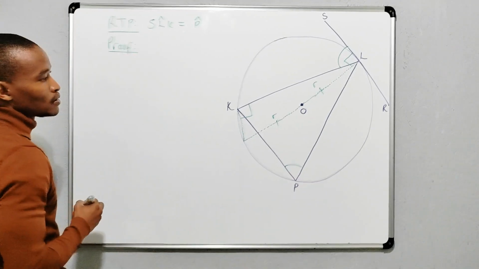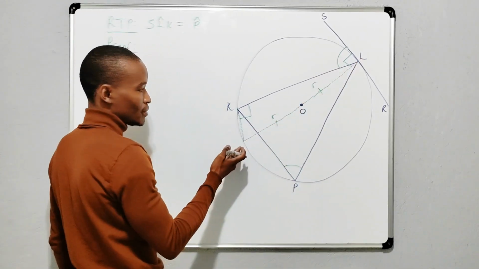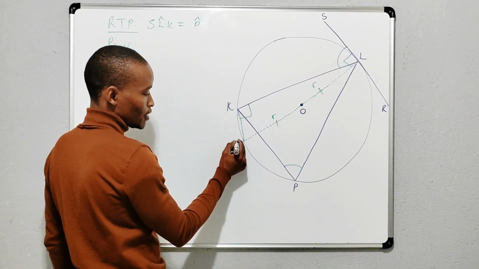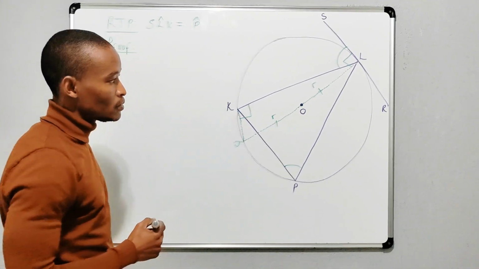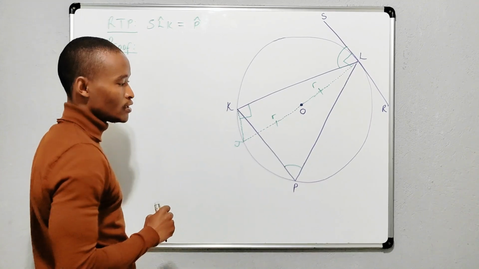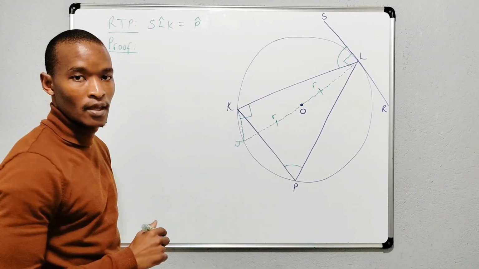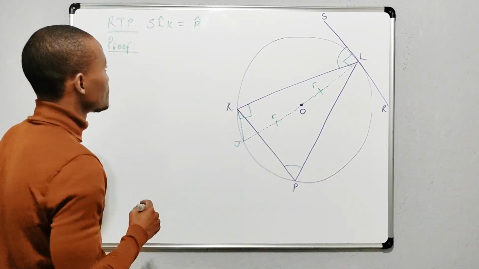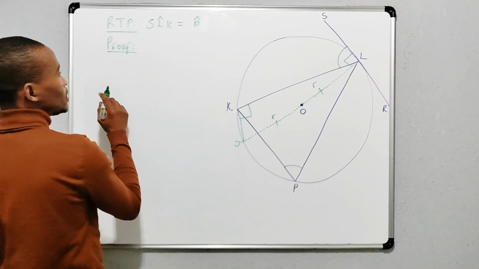So let us start. So we have formed our diameter here, and we can give this point a label. Let's say it's J, and we connect K and J with a line segment there, a chord as well. Okay, so what do we know?